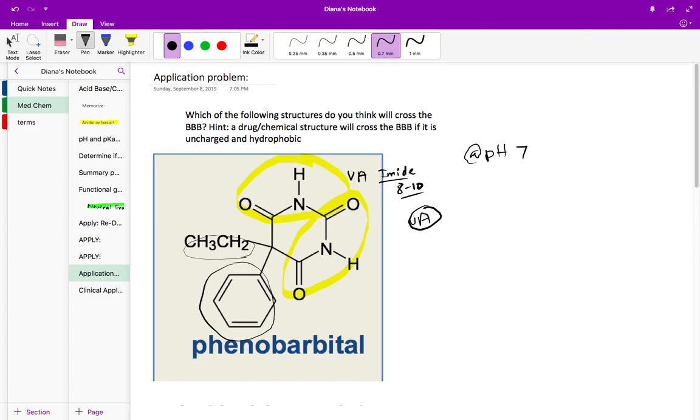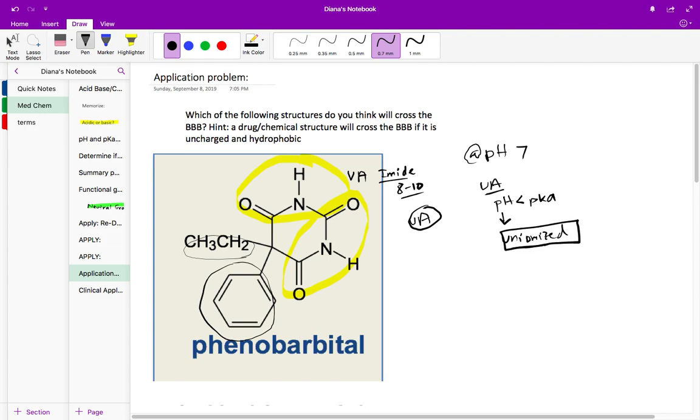So at pH 7, I have a UA where the pH of 7 is less than the pKa of 8 to 10. And because the pH is less than the pKa, I'm going to say that this unionized acid, which is in a low pH or an acidic environment, is going to be primarily unionized. So do you think this would cross the blood-brain barrier?